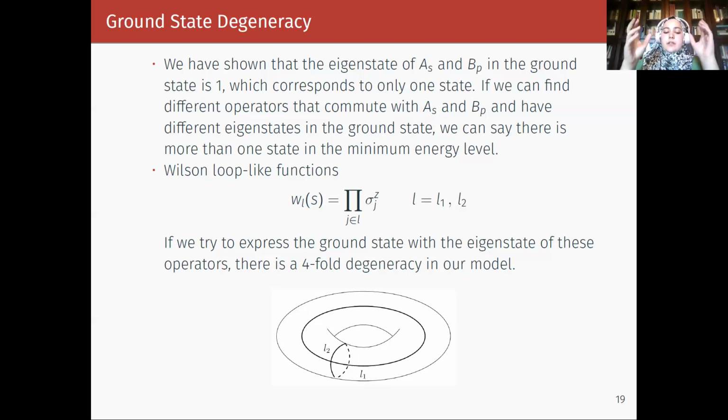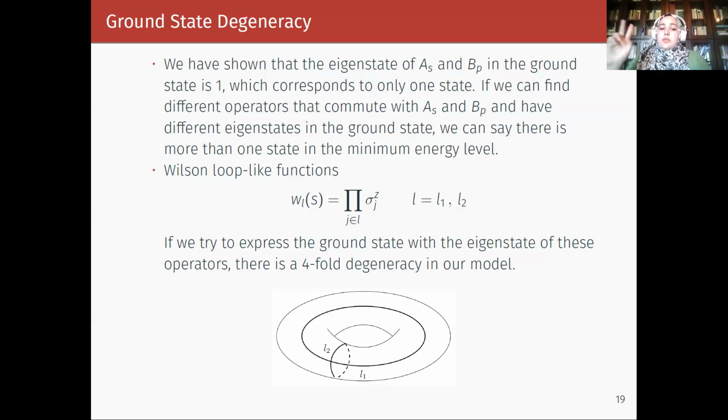The theorem says that if Hermitian operators commute with each other, then we can diagonalize them all simultaneously. So this means in my situation here, if I can find different operators which commute with my star and plaquette operators, and if those operators have different eigenvalues in the ground states, this means that I can say there is more than one state in my minimum energy level.